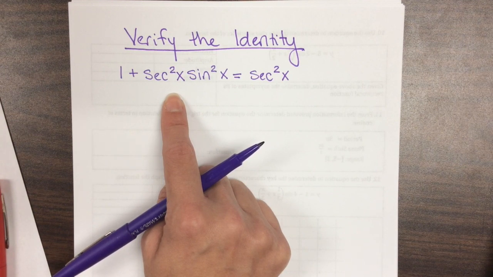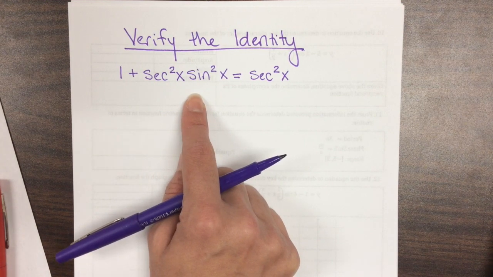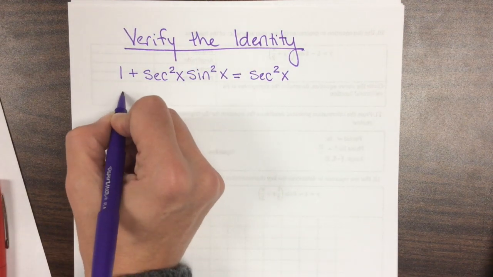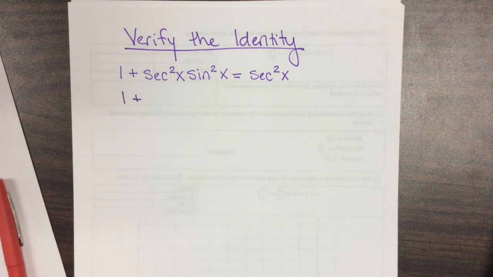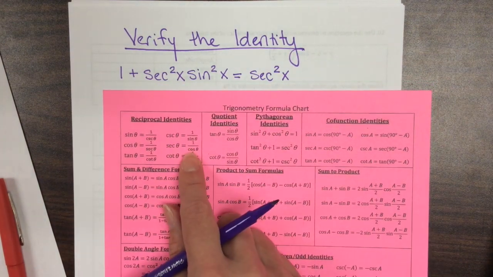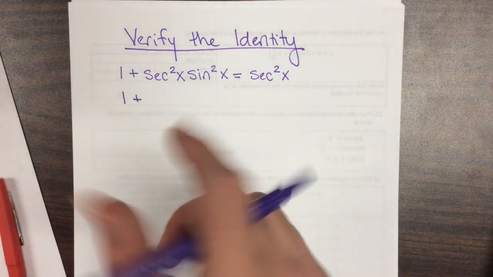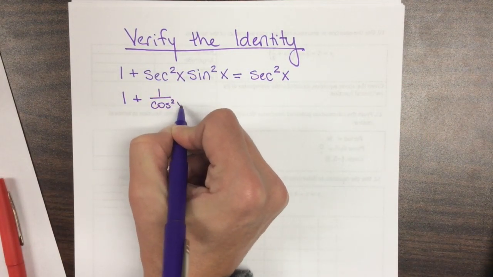What if we put everything in terms of sine and cosine and see what happens? So right here, the 1 is going to come down. Secant squared of x, if I want to change it in terms of sine and cosine, I would have it as 1 over cosine. So I can replace this guy right here with 1 over cosine squared of x.